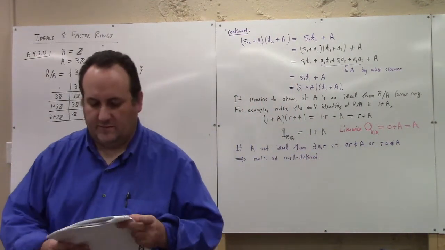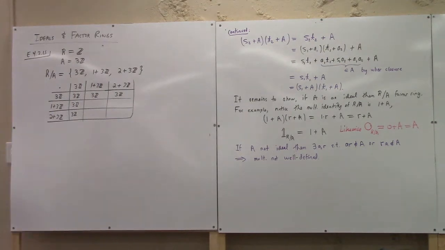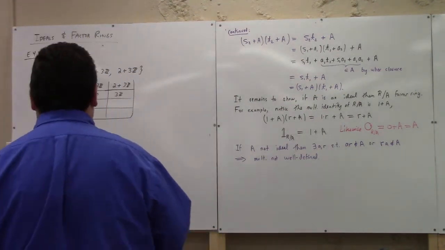A good intuition for what a factor ring is: you're redefining 0 to be everything in the ideal. The whole idea really is to squash everything in the ideal down to 0. That's really what we're doing. So in this example, 3Z is 0. So 0 times anything is 0 again, right?